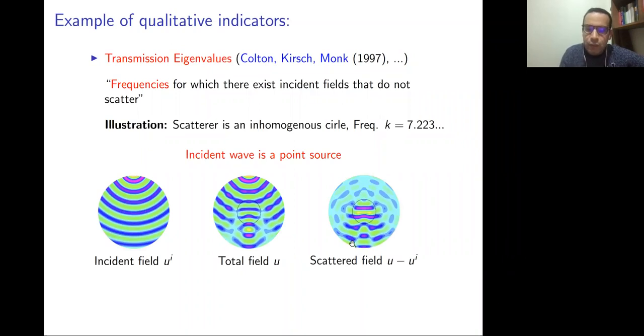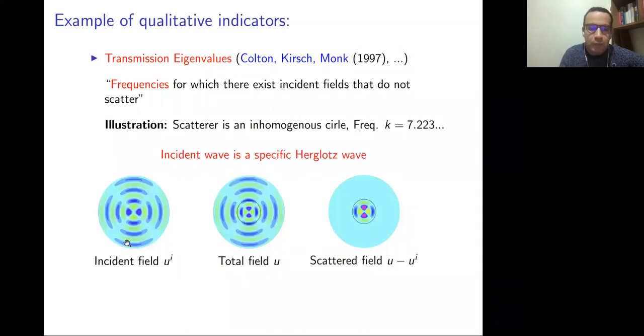So you can see the influence of this inhomogeneous medium. Now, if you do a special combination of these point sources and you build this type of incident wave, a solution in the homogeneous space, you can see that we obtain some perturbation, but if we look at the scattered field, it is exactly zero outside the inhomogeneous medium.